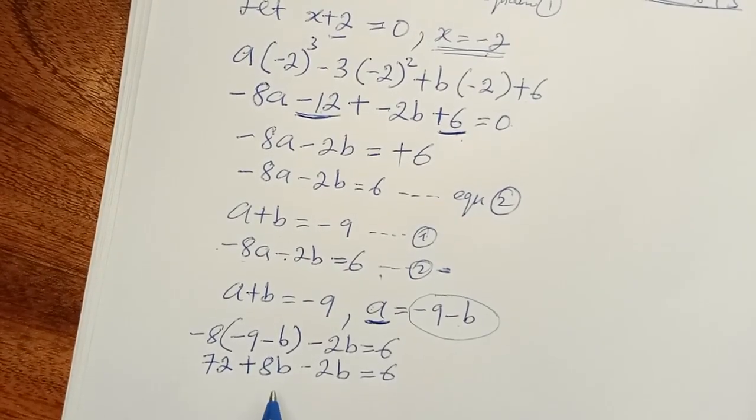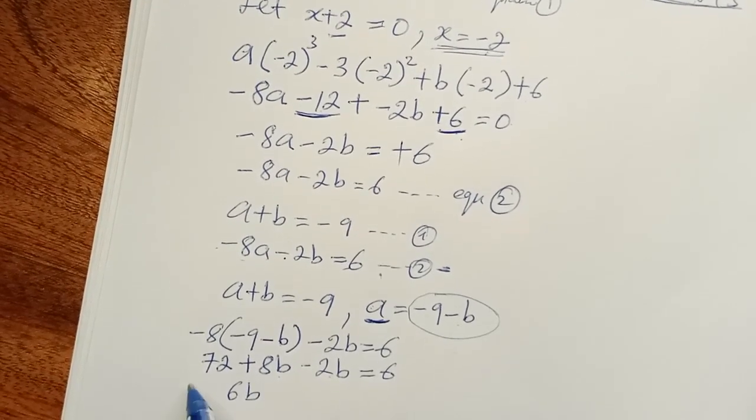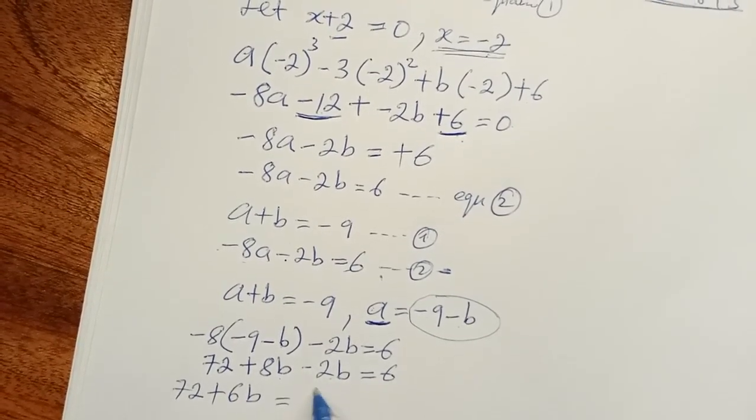You can see here, 8b minus 2b is going to give us 6b. So we have 72 plus 6b is equal to 6.